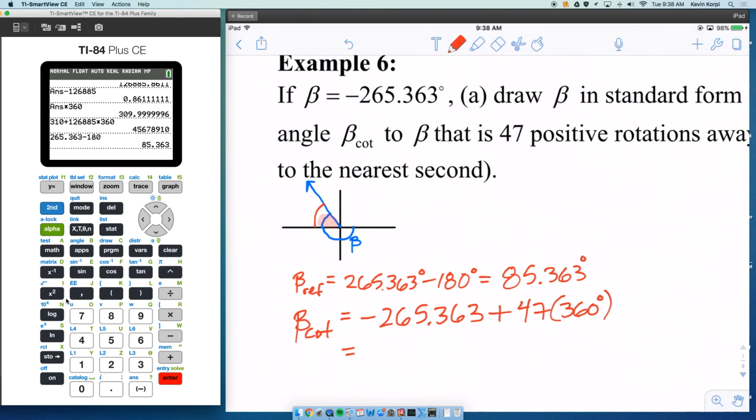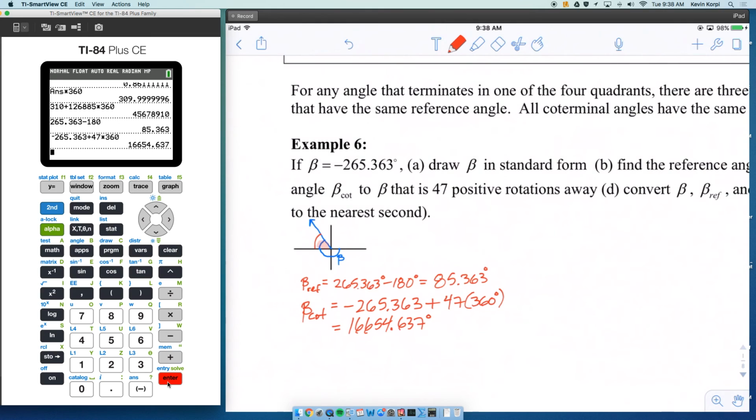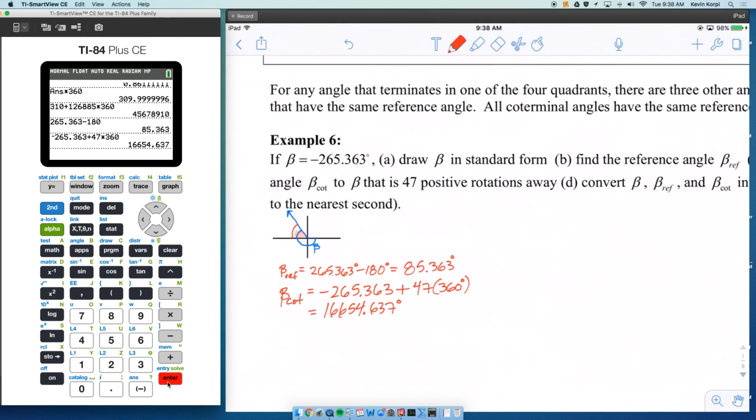So again, you show me your setup, so I know exactly how you're getting your answer. Negative 265.363. Now I want the negative angle there because it's the actual angle plus 47 times 360. If I wanted negative rotations, I would subtract. So it's 16654.637 degrees. It's coterminal with it, and it's 47 positive rotations away.